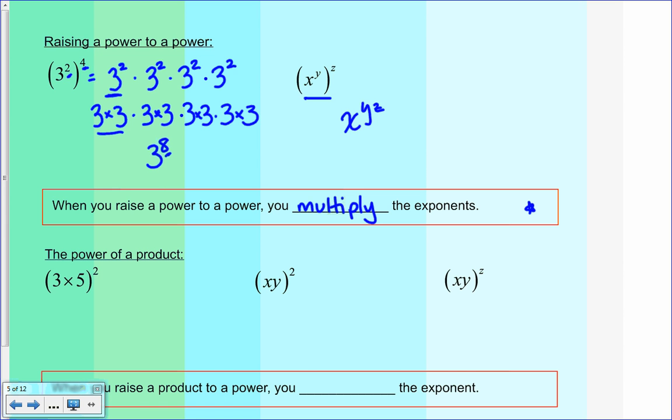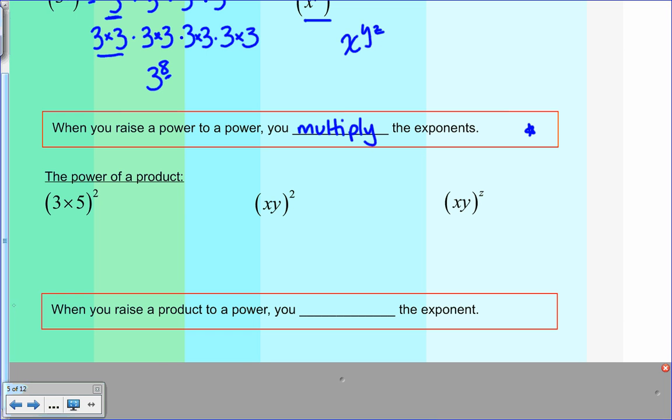Our fourth rule is finding the power of a product. That's our fourth rule for today. That's where I'm taking a product, in other words, 2 numbers multiplied together, and raising that to a power.